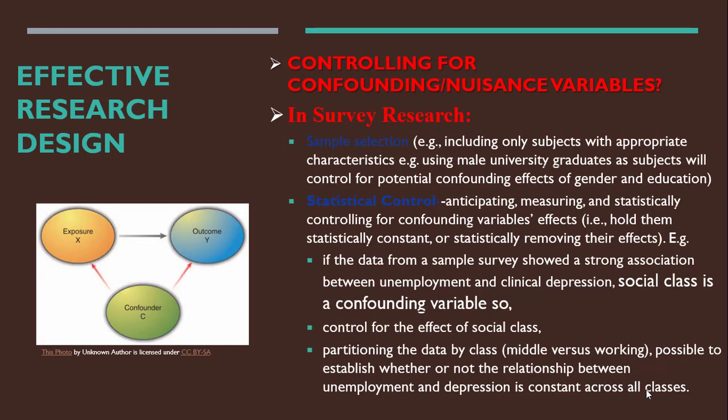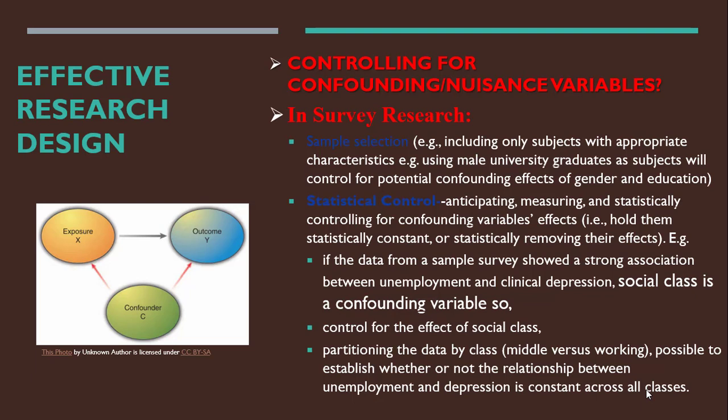So if we do survey research, the situation is different. Okay, so going back to what we did earlier, where we select subjects with similar attributes, the same can be done here. Let's say we are interested in using male university graduates as subjects.